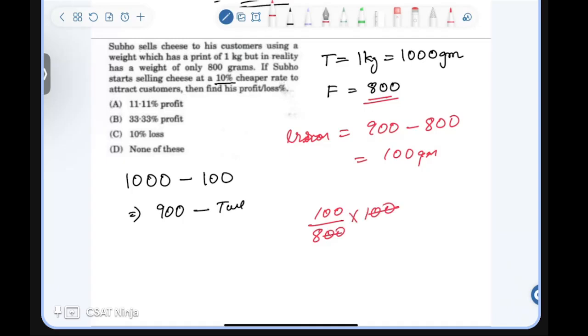So the 0s cancel. 4 2s are 8, 4 25, which is equal to 25 divided by 2, which is 12.5%. So our answer is none of these. Are you clear with this? Do you want me to repeat, or are we clear with this?